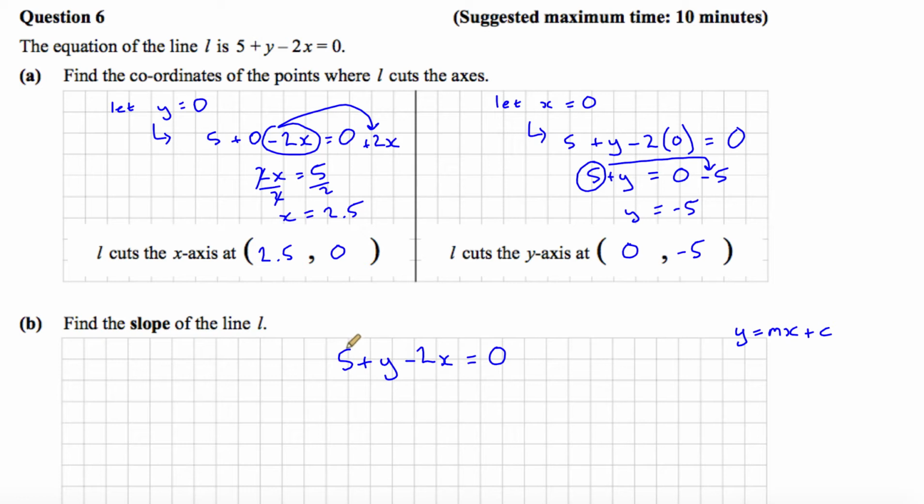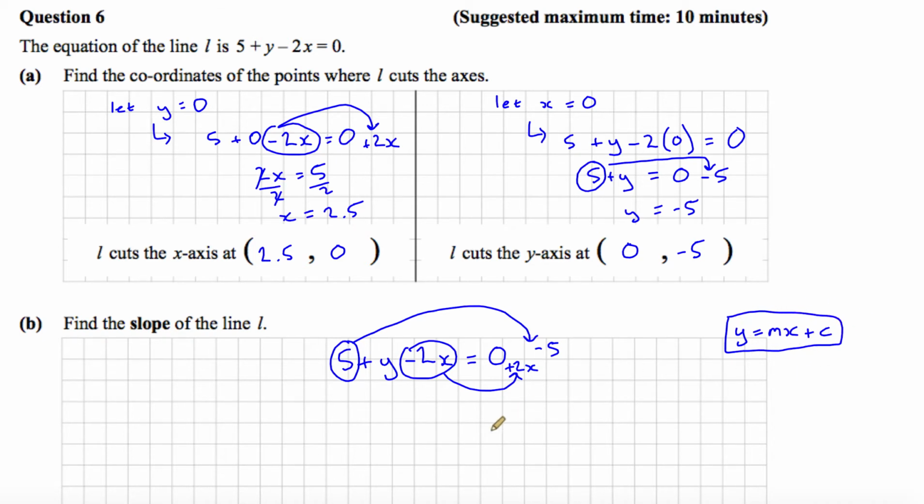So I'm going to move things around here. I'm going to bring this 5 over here. It's going to become negative 5. And I'm going to bring this minus 2x over here, and that's going to become positive 2x. The reason I do that is because that leaves me with y on the left, which is what I want here. I want it in this form. Now this formula here is in your tables book as well.